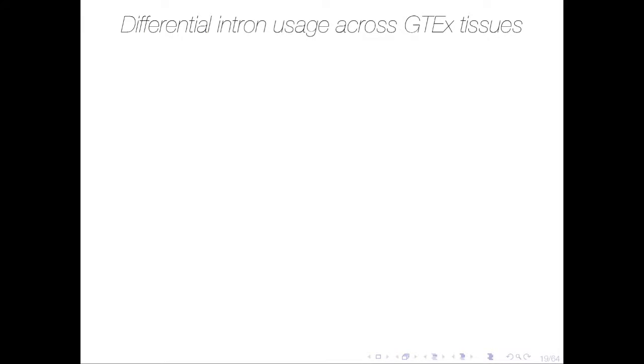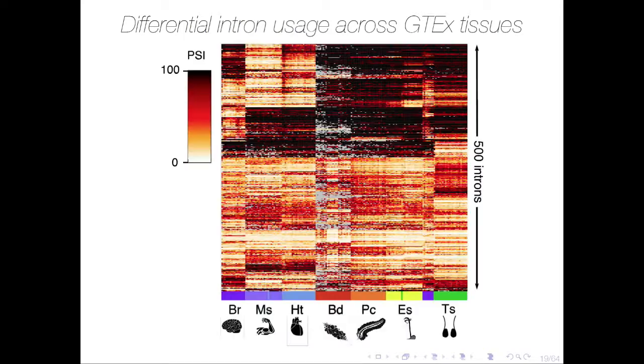We used Leafcutter to look for differential intron usage patterns across GTEx tissues. We find thousands of differentially excised introns between pairs of tissues. And what I'm showing here is just a heat map for the 500 most differentially spliced introns between pairs of tissues, and then a hierarchical clustering.